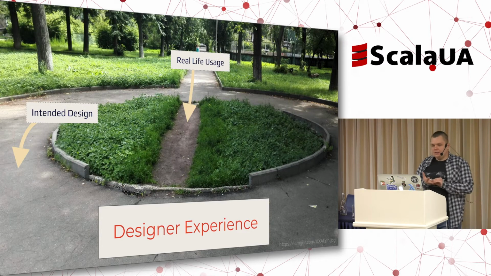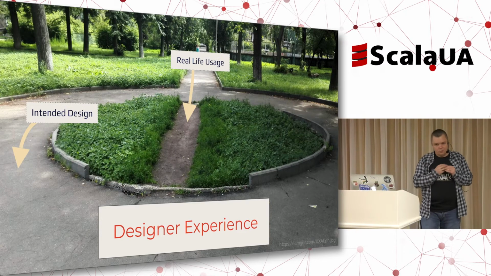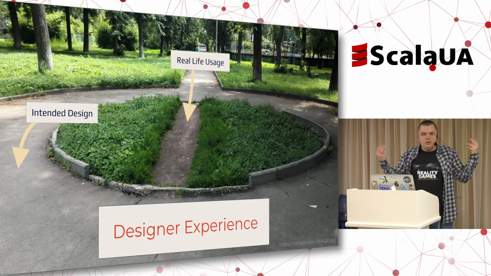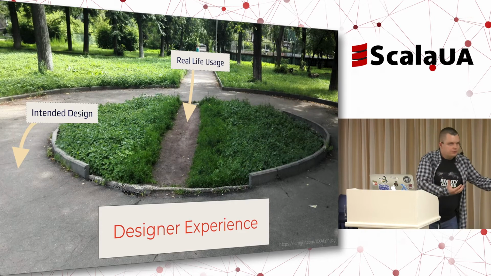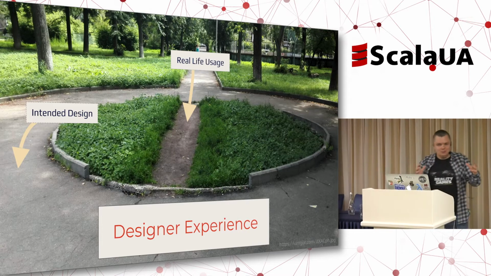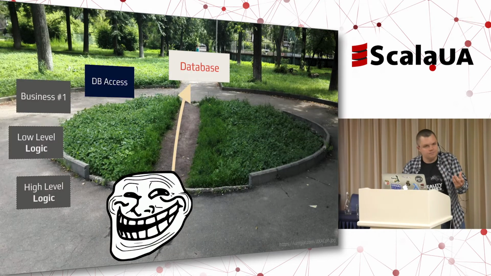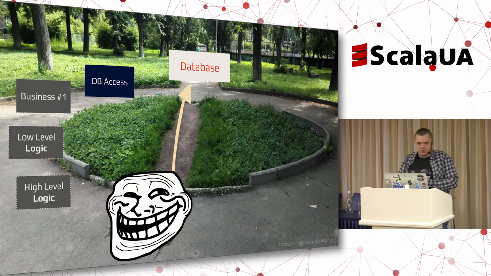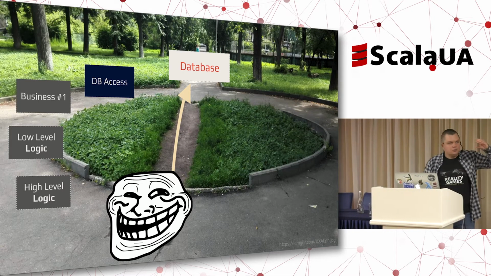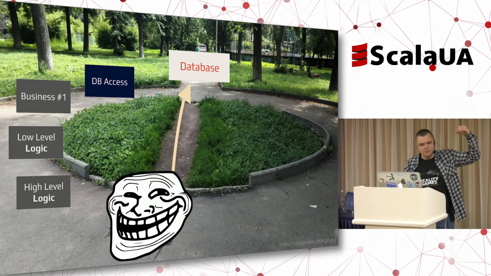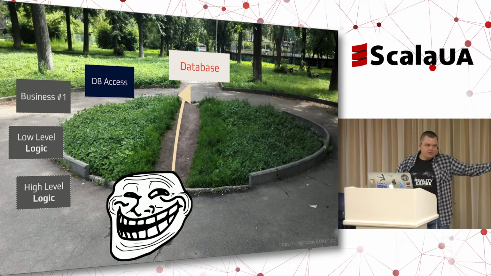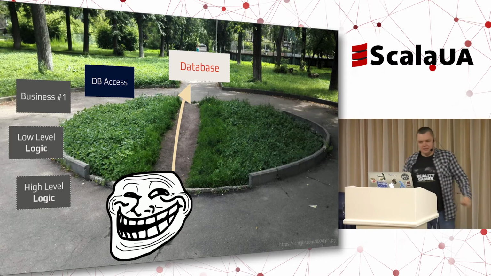The same happens in software. When you think about that, we are designers, and we intend our developers to use the park, the software that we designed, in a particular way. But we somehow end up using those kinds of shortcuts when we are in a hurry, right? So this is high-level, low-level logic, business number 1, and then DB access, but we are in a hurry, so we just go straight to the database.